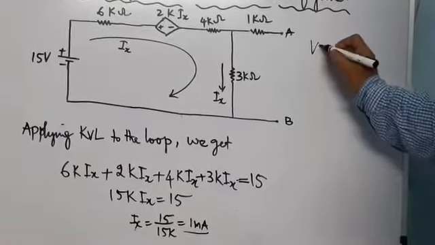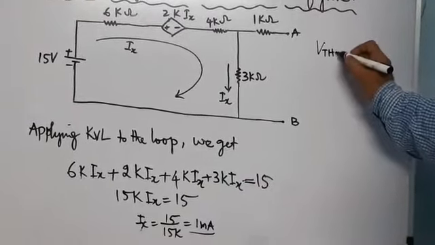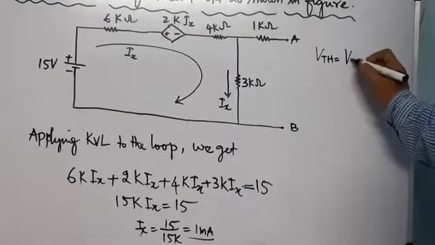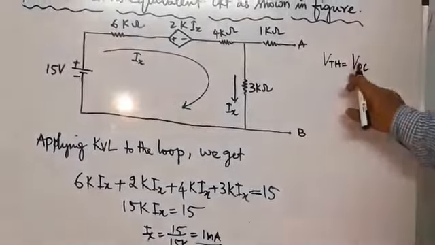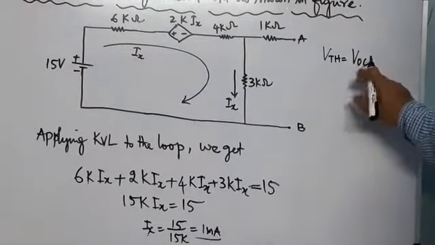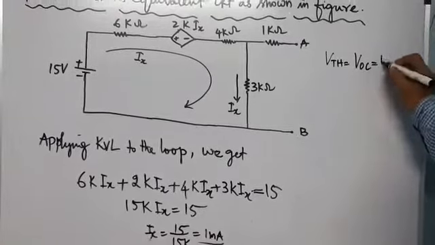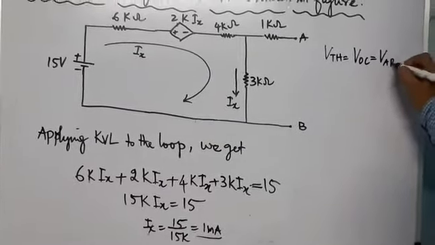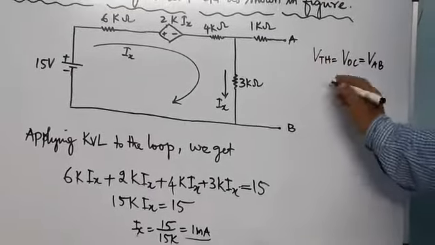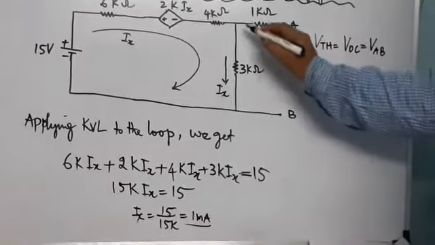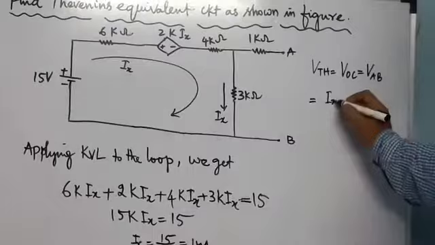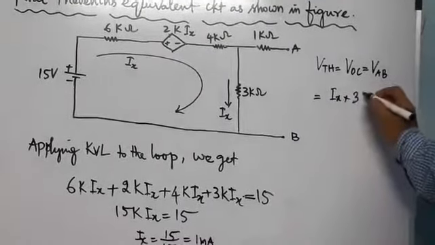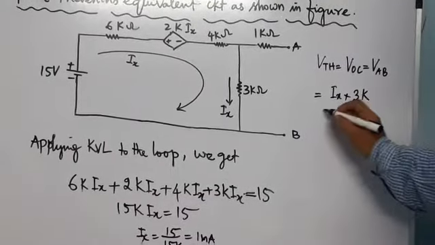Now VTH is equal to VOC. Thevenin's equivalent voltage is equal to the open circuit voltage, or VAB, the voltage across the AB terminals. That is Ix into the resistance. How much resistance? 3k.